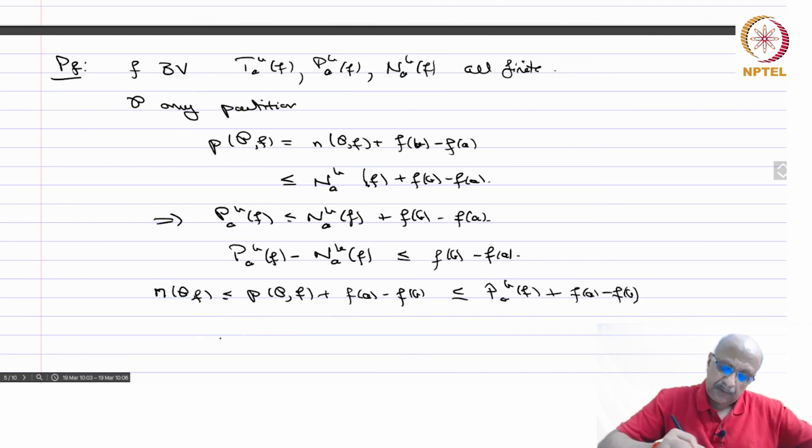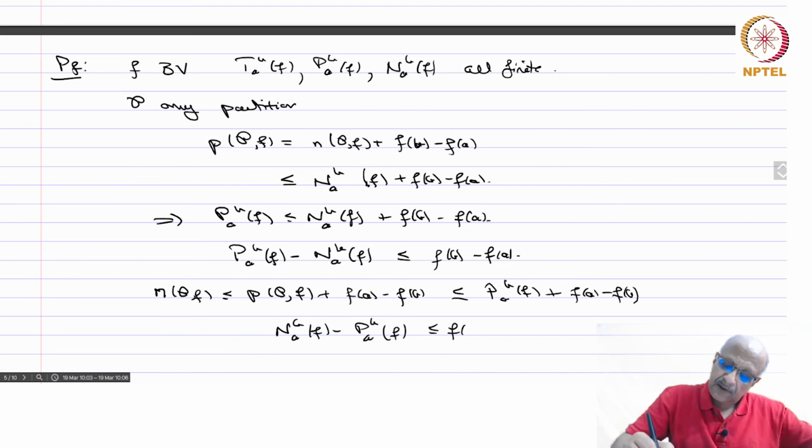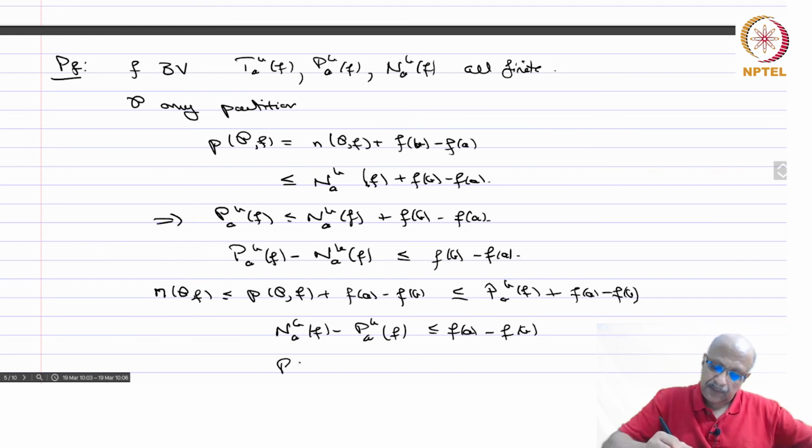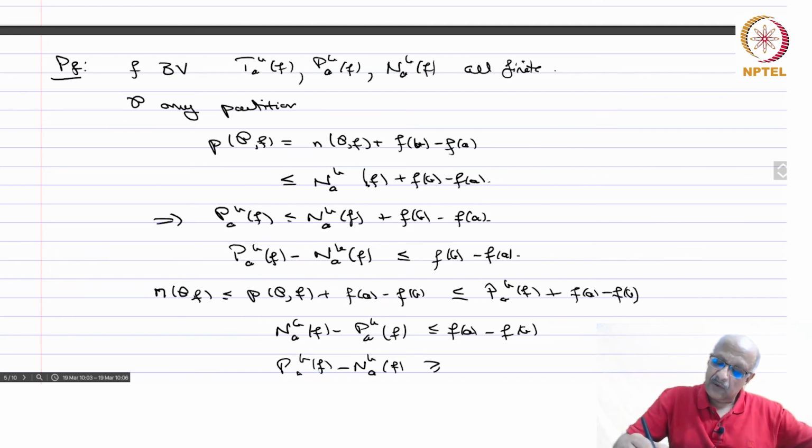If you take the supremum again, you have N_a^b(f) - P_a^b(f) is less than or equal to f(a) - f(b). And that will give you P_a^b(f) - N_a^b(f) is greater than or equal to f(b) - f(a).